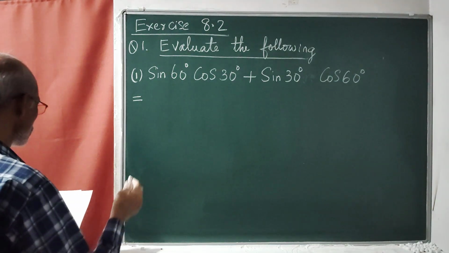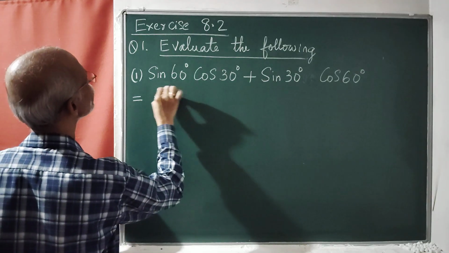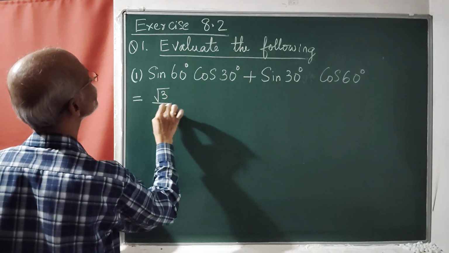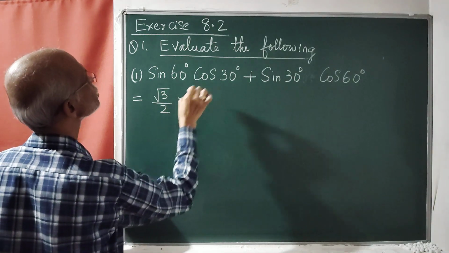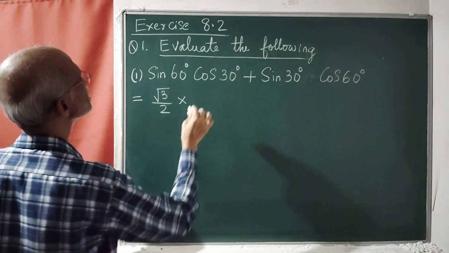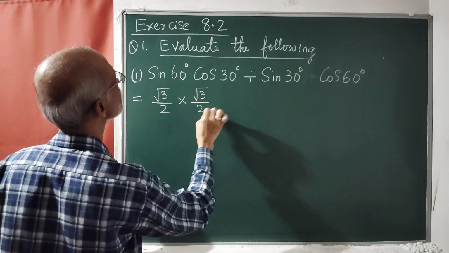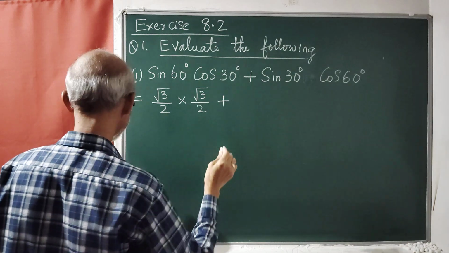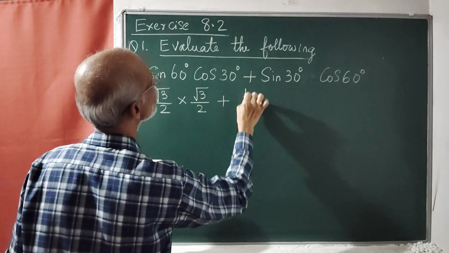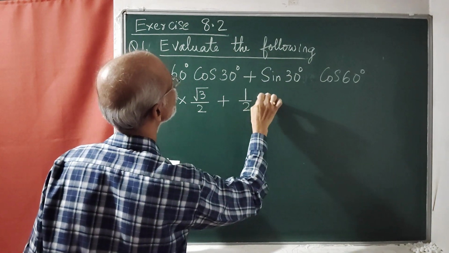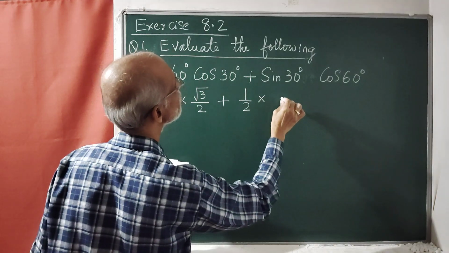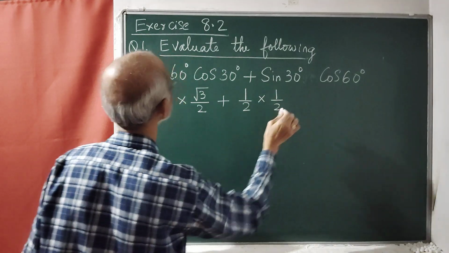Sin 60 is root 3 by 2. What is cos 30? This is also root 3 by 2. This we get from the table. And sin 30 is 1 by 2. Cos 60 is also 1 by 2.